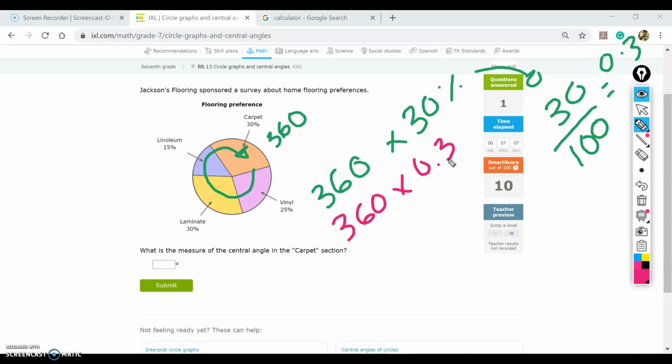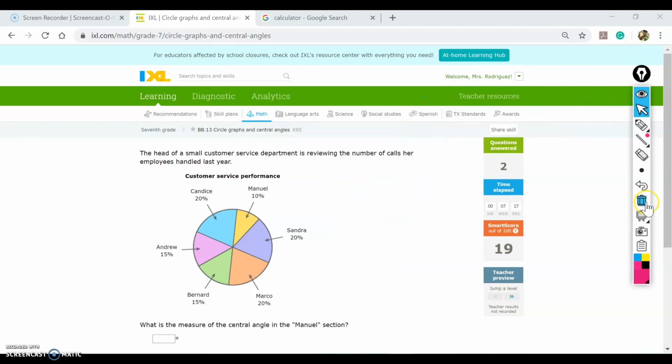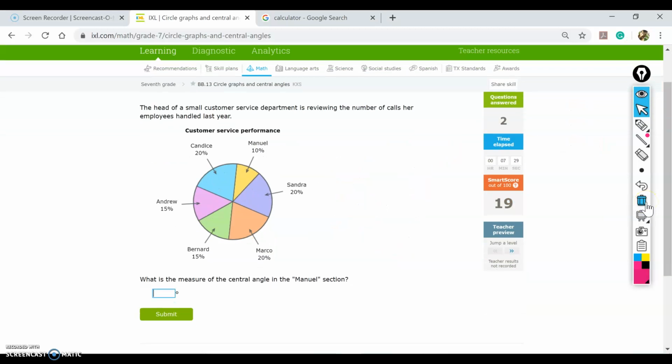Let's see what that is equal to. 360 times 0.3 is equal to 108 degrees, which is this section here. Now let's see if that is true. I'm going to put it here, 108. And it is correct. Let's do two more problems for this skill.